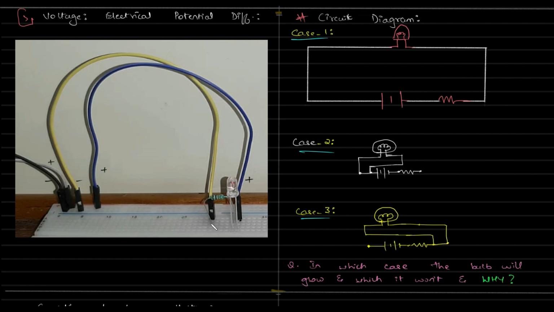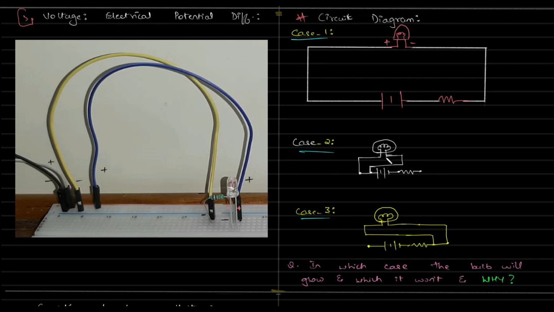This is negative, and indirectly this LED is being provided by the negative end of the voltage source. The LED itself has positive and negative, so this leg is positive and this leg is negative. The positive end of the LED is connected to the positive end of the battery and negative to the negative. This is the first connection.